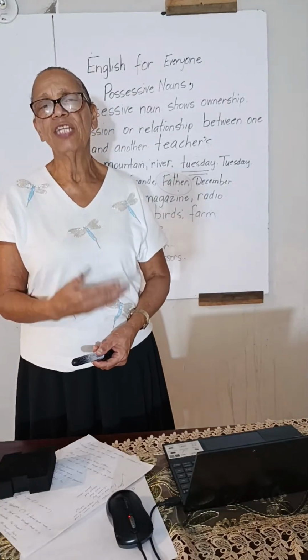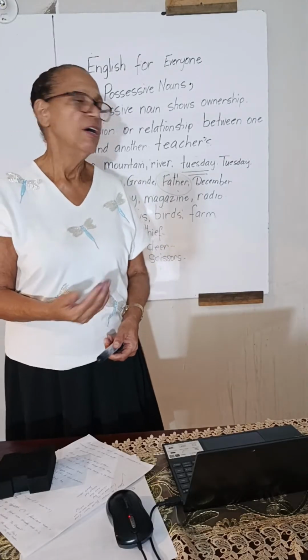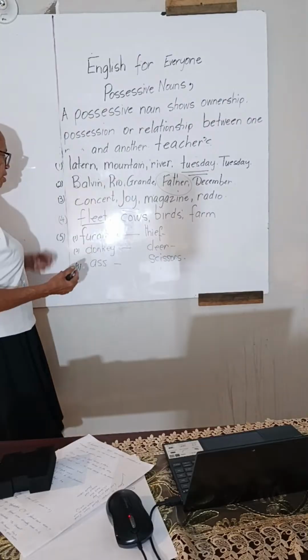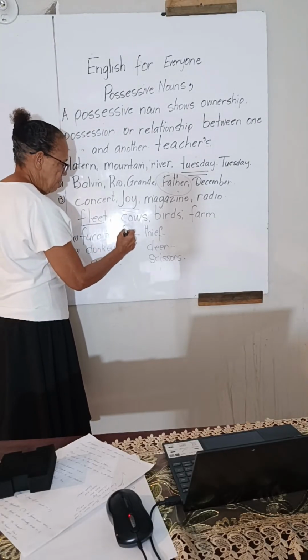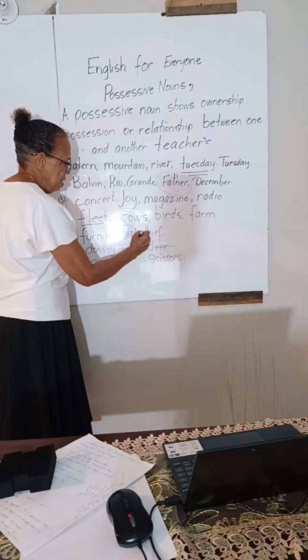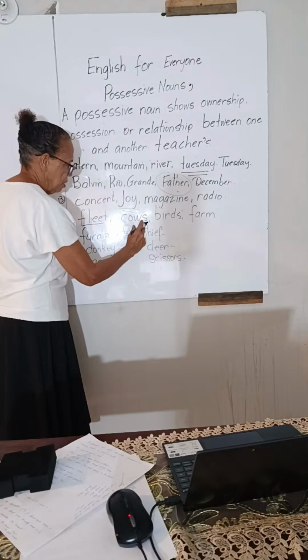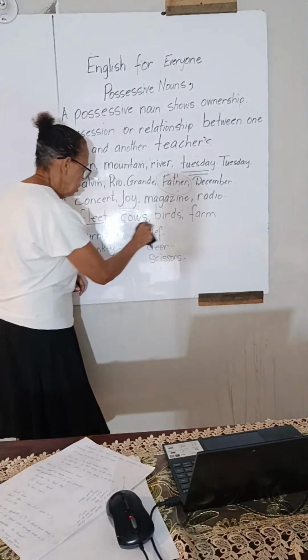And these again, I said you have to know the rules. Remember we went through the rules, or some of the rules. Furniture would be the same: furniture. Never add any S to furniture.